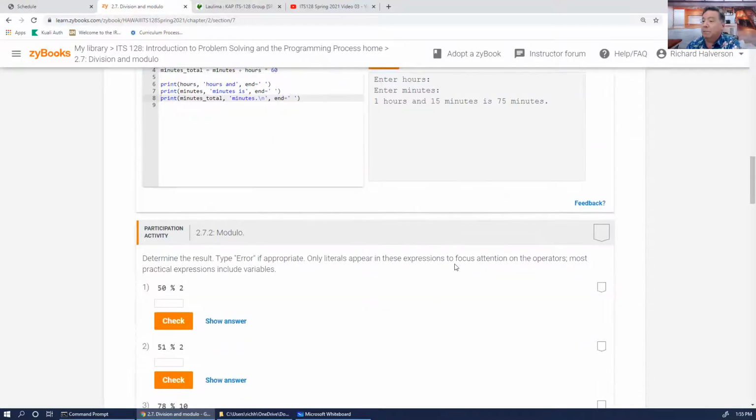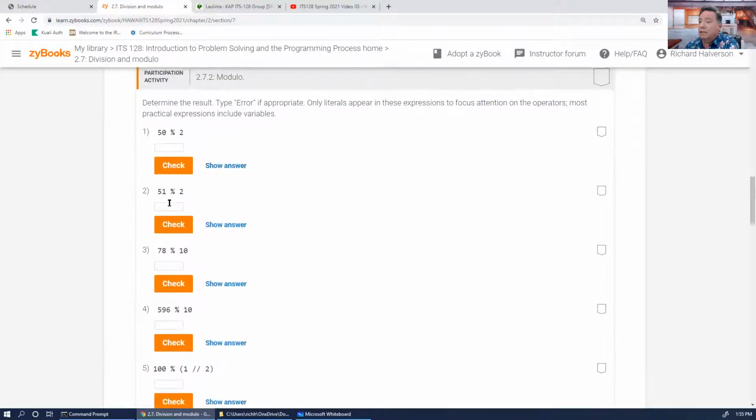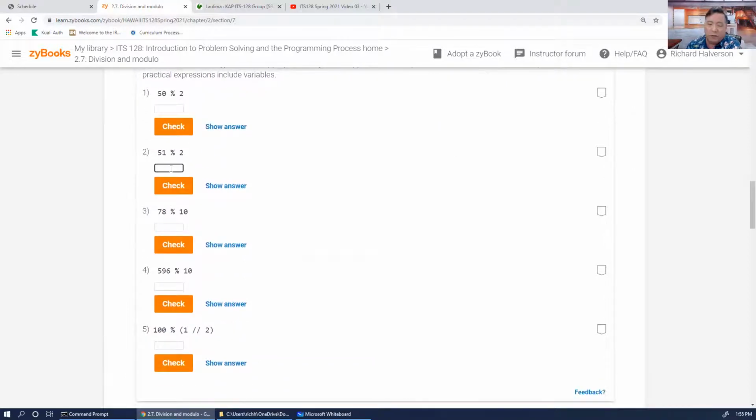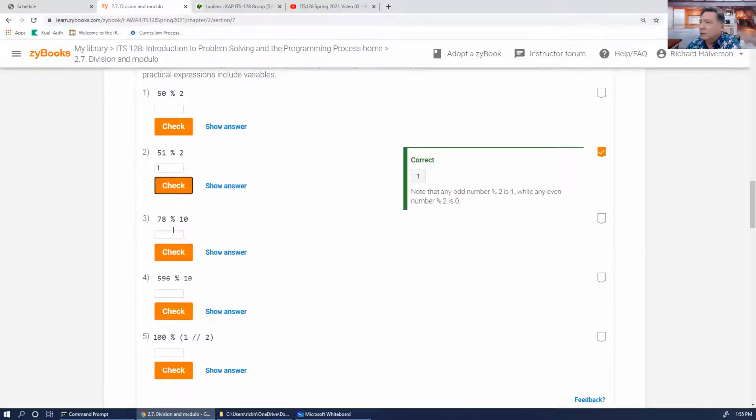All right, so this tests your understanding of modulo. It's going to be 1. This is going to be 8. This is going to be 6.